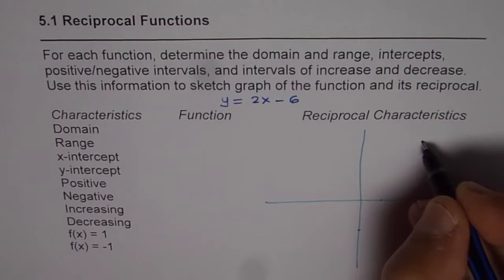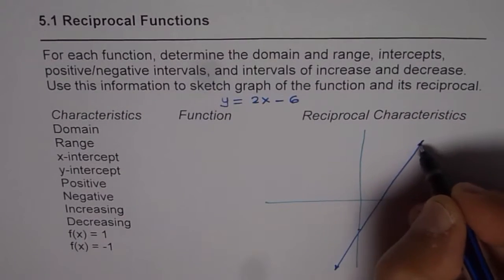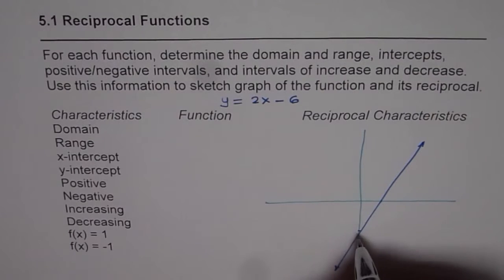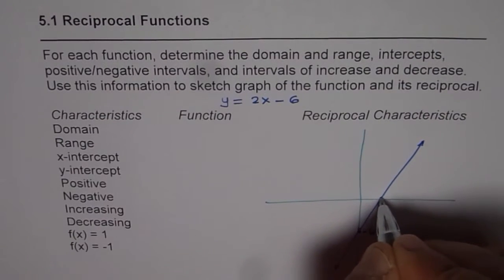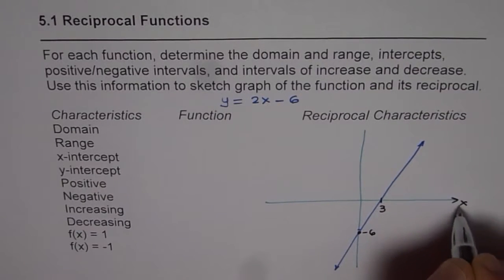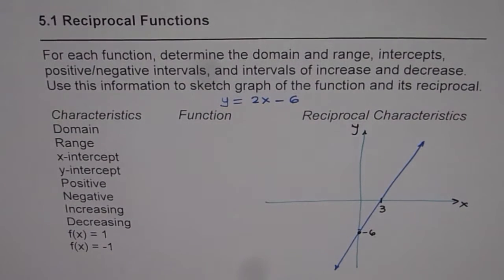Connecting these with a straight line will give me the equation of the line y equals 2x minus 6. So let us assume that this point is minus 6 for us and this point should be 3 for us, correct? So that is the x-axis, and here we have the y value.